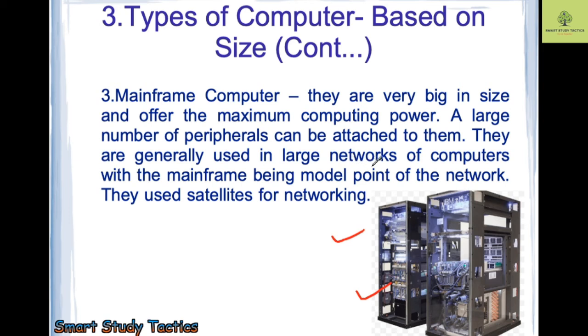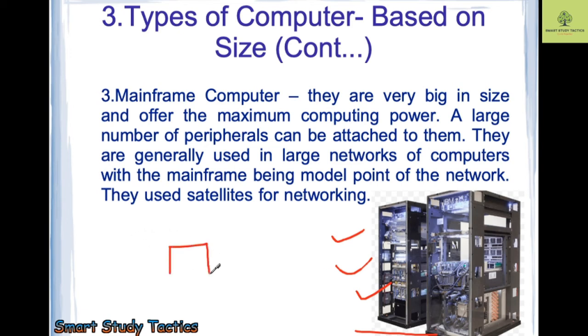They are generally used for large networks. If you have a big company handling all its data, you require a company server network. That server will provide all the information, and for that purpose we use this mainframe computer.